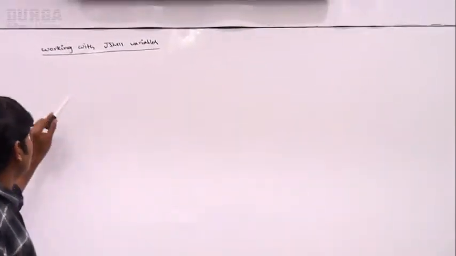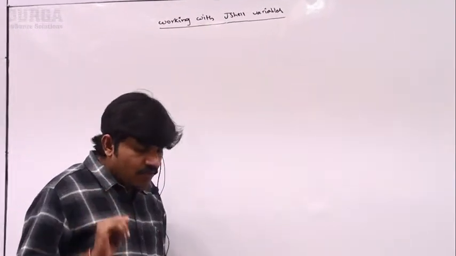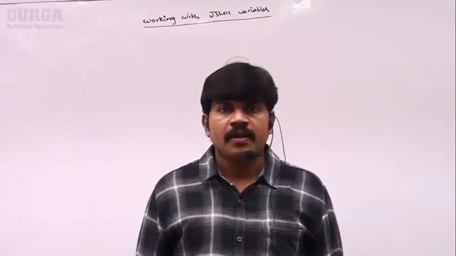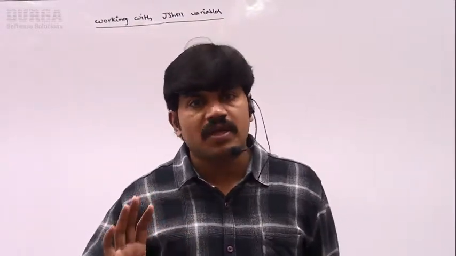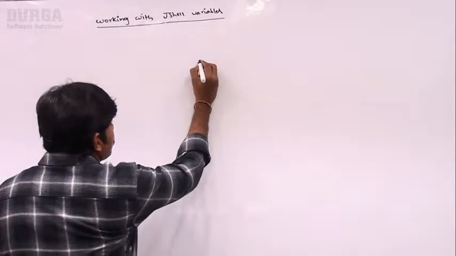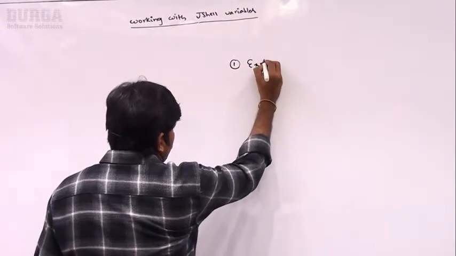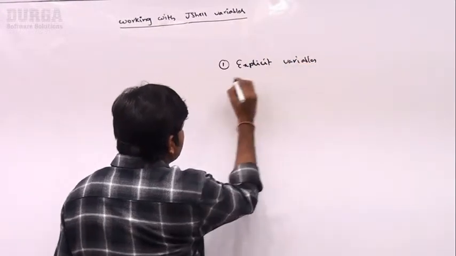Just observe our topic name: working with JShell variables. Now in JShell there are 2 types of variables. First category, explicit variables. Second ones are implicit variables.